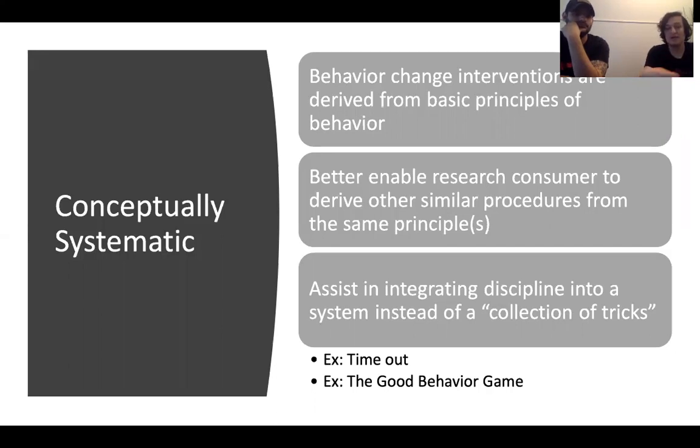We have reinforcing an alternative behavior. We have placing the problem behavior on extinction, right? That's conceptually systematic because we brought this procedure or intervention and translated it into the fundamental principles that are at work, right? So we just always want to tie back to the science.